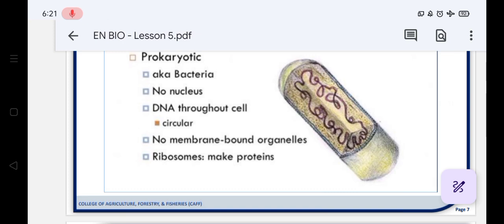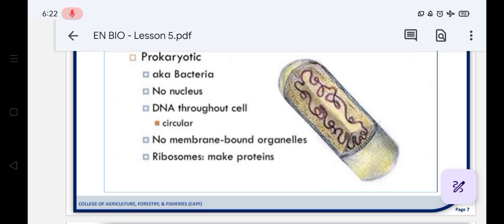Their DNA is circular. Unlike in complex cells, the DNA of prokaryotes is circular in shape. And then, in prokaryotic cells, no membrane-bound organelles are found, meaning they don't have organelles like mitochondria or chloroplast.